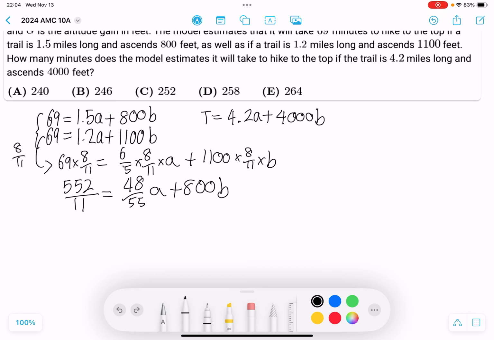Okay, so we know that 69 times 11 is 69 plus 690, which is 759. So we have 759 minus 552 over 11 equals 1.5A minus 48 over 55 A, plus 800B minus 800B. 1.5 can be written as 3 over 2.